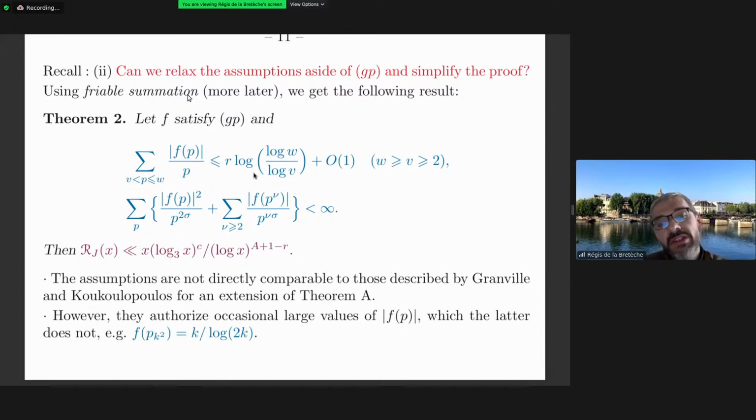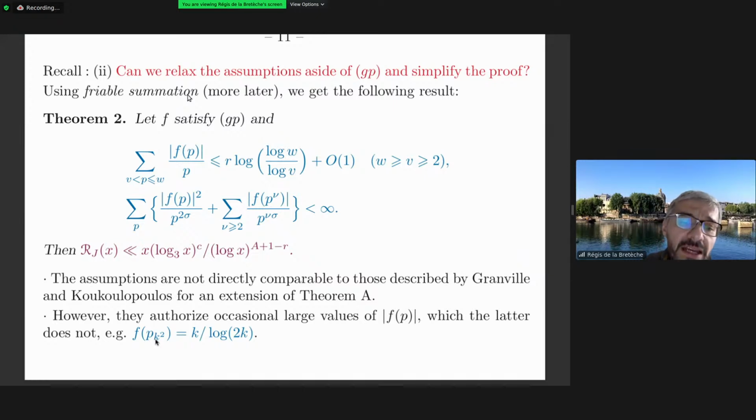However, our result can be useful if some exceptional values of f of p are large. So I quote an example. If, for example, f of p index k square, for the prime factor p, is k over log x to k.